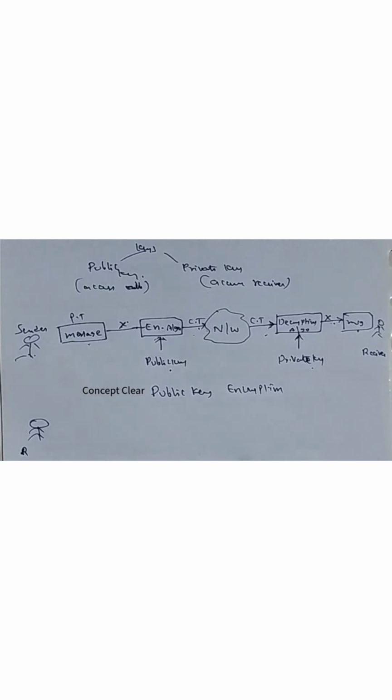At the time of encryption we can give the private key, and here we can give the public key. Okay, these two procedures are called authentication.